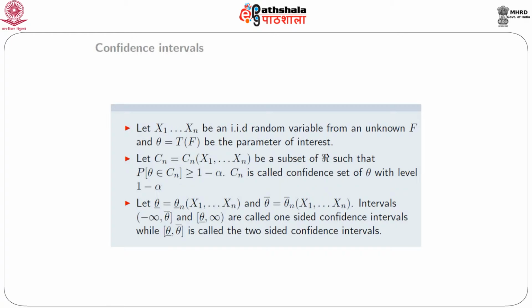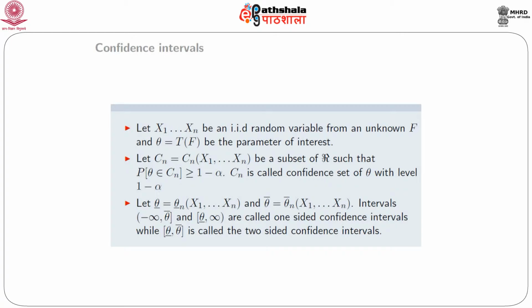If the strict equality holds, then Cn is a confidence set with confidence coefficient 1 minus alpha. Alternatively, we call Cn a 1 minus alpha confidence set. Now, let theta underbar = theta underbar n(X1, ..., Xn) and theta bar = theta bar n(X1, ..., Xn).